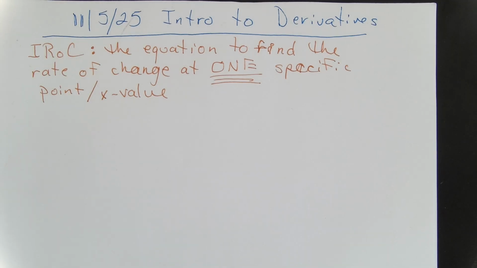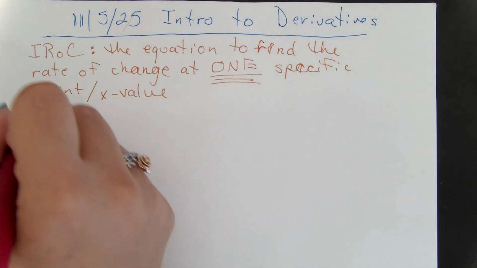As you can see by the example that was on the back of your do now, if I wanted to do multiple, it would take me forever because each of those specific equations were for only one point. Today we're going to learn about derivatives.